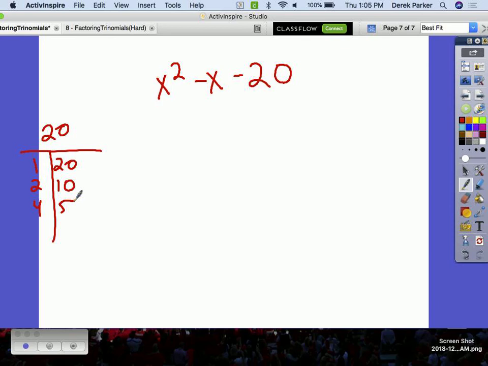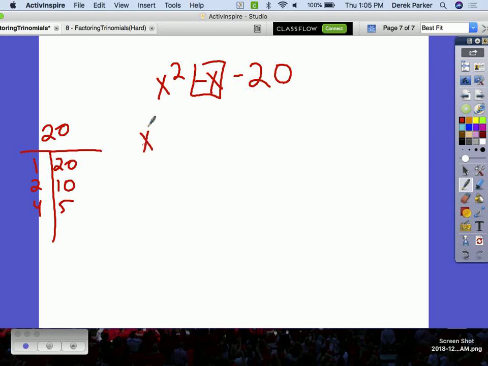Now, you got to think to yourself, you are subtracting here. 20 minus 1 is 19, 10 minus 2 is 8, 5 minus 4 is 1. Now, also, you have to think about which is going to be the positive and which one's going to be a negative. Well, in this case, this is negative, so your bigger term needs to be the negative.